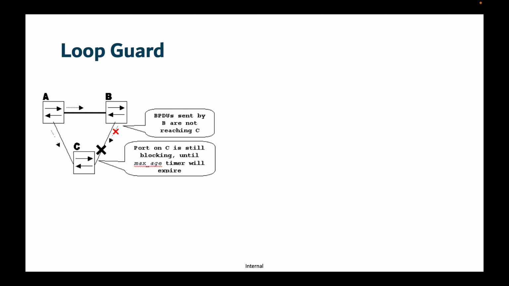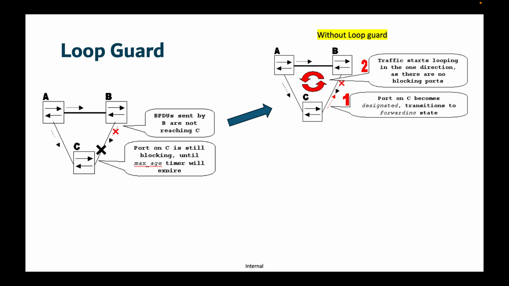Due to some unidirectional link failure between switch B and C, switch C stops receiving any BPDUs. Now without loop guard, the STP blocking port on switch C transitions to forwarding state, and this will create a loop.